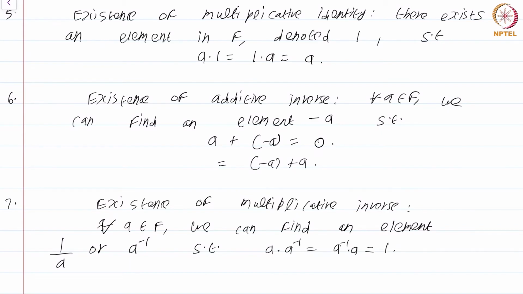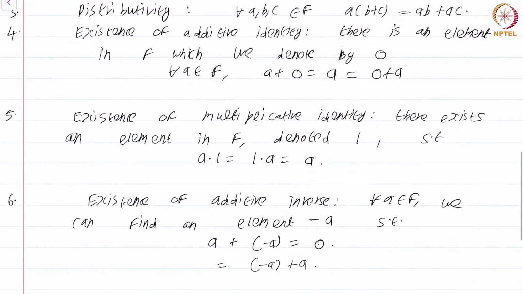Now first, let me correct a mistake. I hope you notice this mistake. This is not true for all elements in the field. This is true only for those elements that are non-zero. For all non-zero elements, this is true. Let me also make another correction.